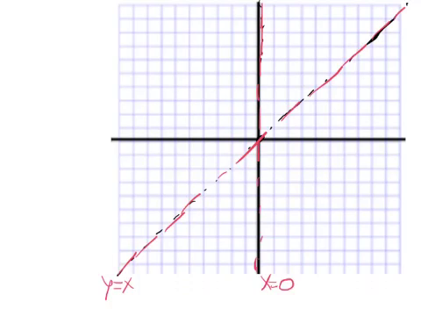Alright, so the next thing I need to do is pick some values on either side. So I'm going to plug in values once I plug this into my calculator. So I've got y equals (x squared minus 1) divided by x.